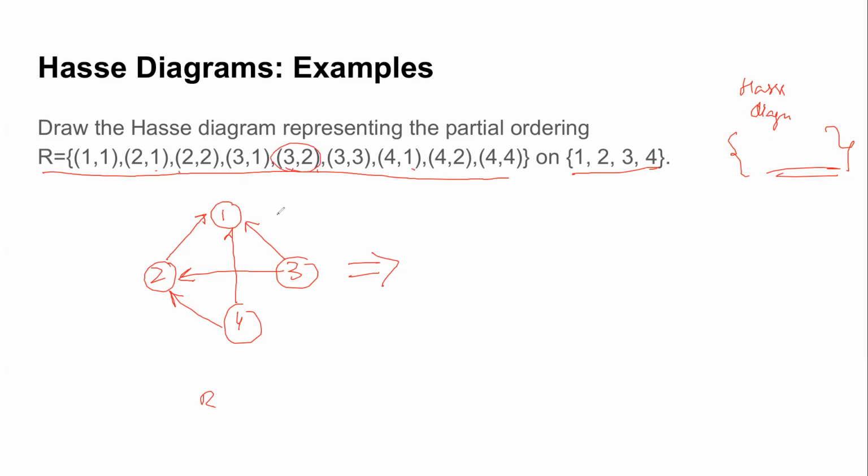So you have 3, 2, 2, 1. So 3, 1 you can remove, right? Similarly, what else do you have? So you have 3, 2, 2, 1, and you have 4, 2, 4, 1, 4, 1, right?